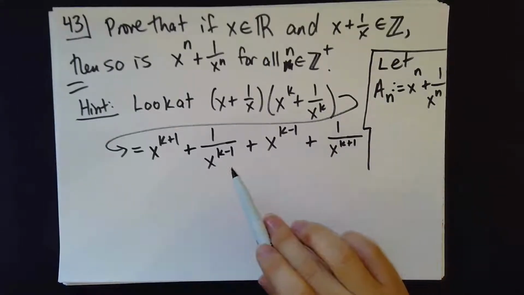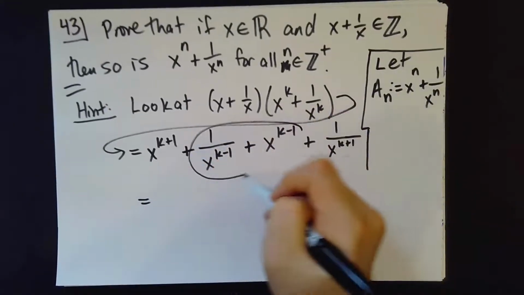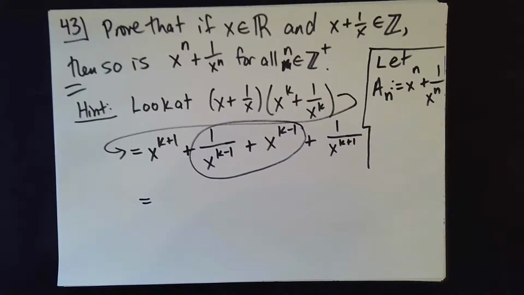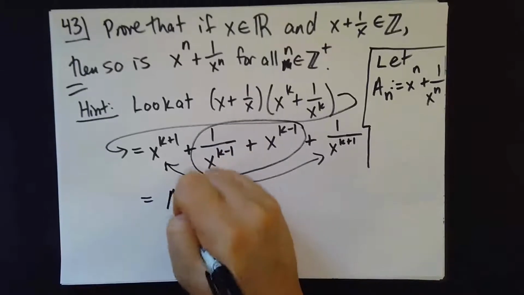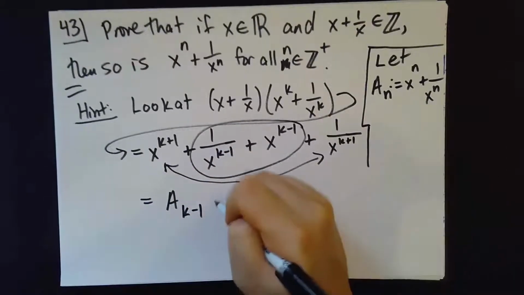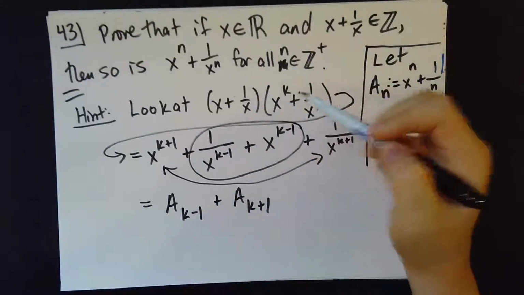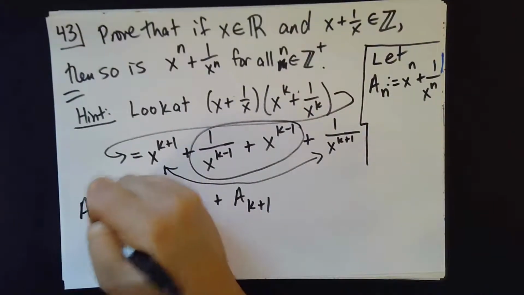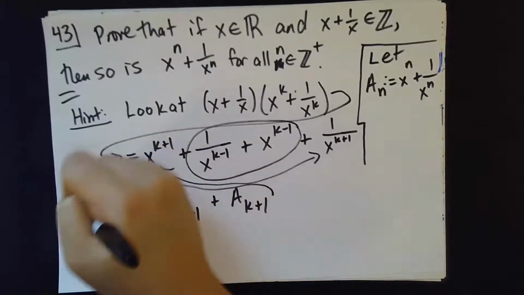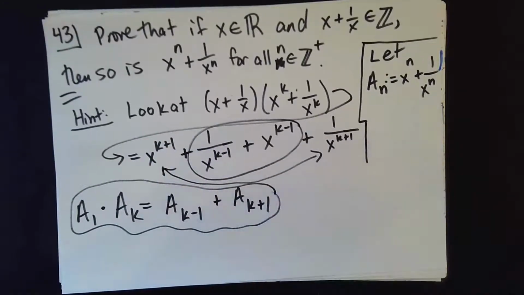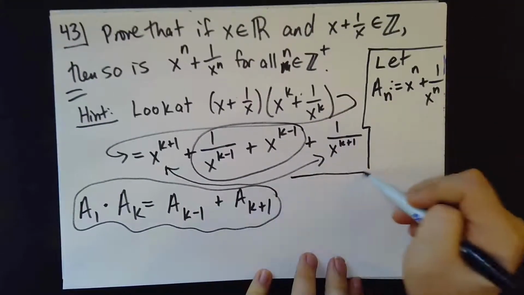And so what I want to notice here is that this is, well, that's a sub k minus 1. That's a sub k plus 1. Okay. And the two things I multiplied together were a sub 1 and a sub k.